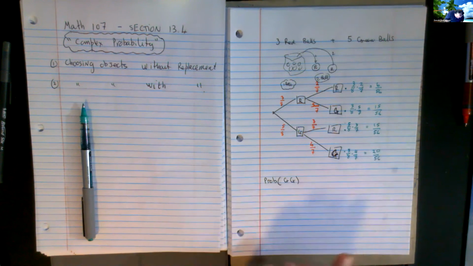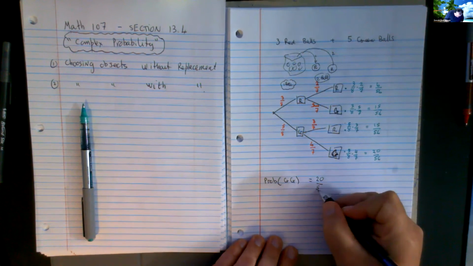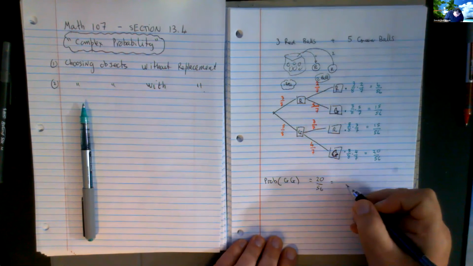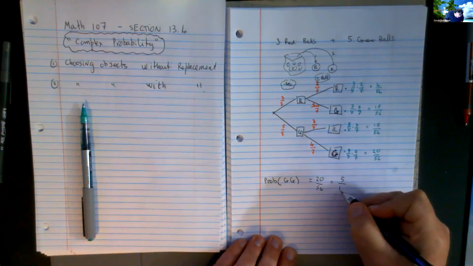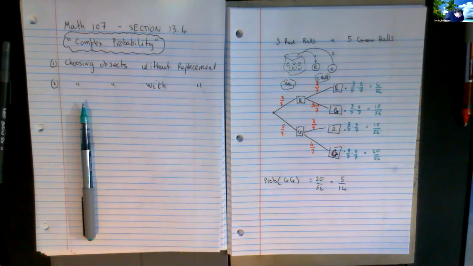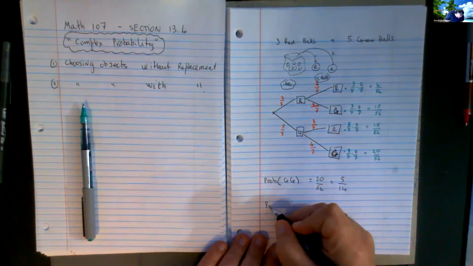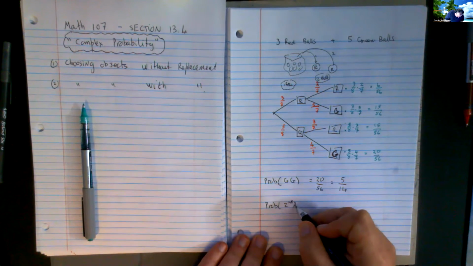And the answer, there's a 20 out of 56, which if you divide top and bottom by 4, you get 5/14.